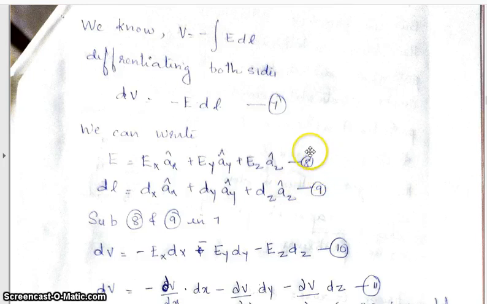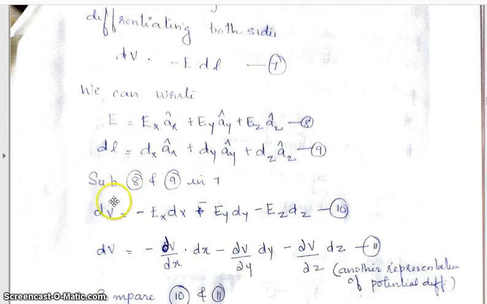Next, I am going to substitute 8 and 9 in 7. So you can write the expression dV is equal to Ex dx plus Ey dy plus Ez dz. Here ax is a unit vector, so when you multiply you will get value 1. So dV is equal to minus of Ex dx plus Ey dy plus Ez dz, because here it is minus of E dl.